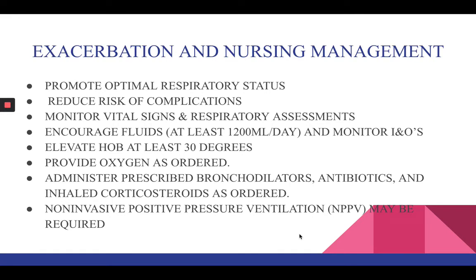Treatment goals are to promote optimal respiratory status and reduce risk of complications such as pulmonary hypertension or pneumothorax. Monitor vital signs, especially oxygen saturation and respiratory rate, and perform focused respiratory assessment throughout the shift.